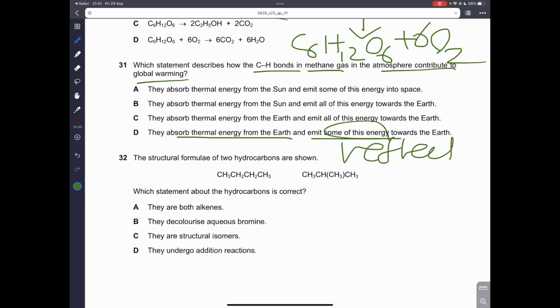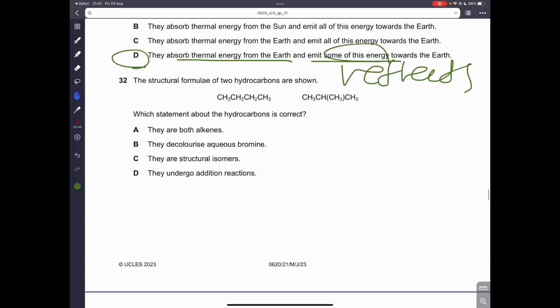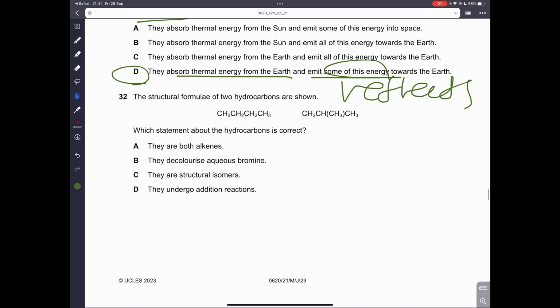Basically, it reflects the energy back towards the earth and towards the atmosphere. So D is the correct answer. You have to know how it works as well. This is a fairly new topic, I think, in environmental chemistry.